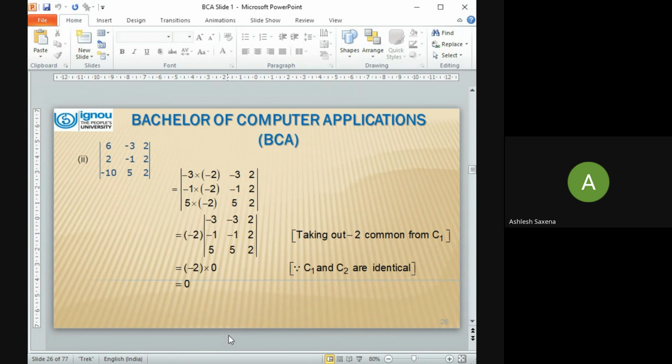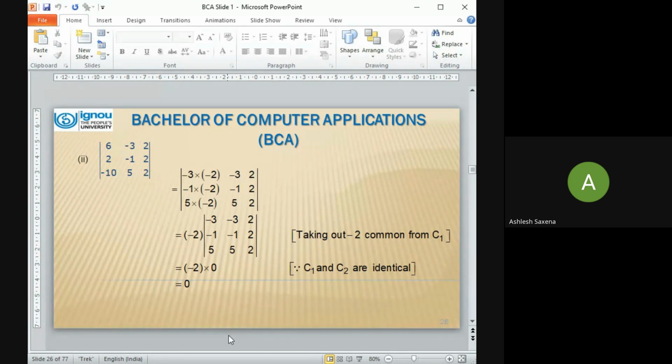There is no need to raise a hand, just ask the question. What was the question? One of your learners said take minus 2 common.